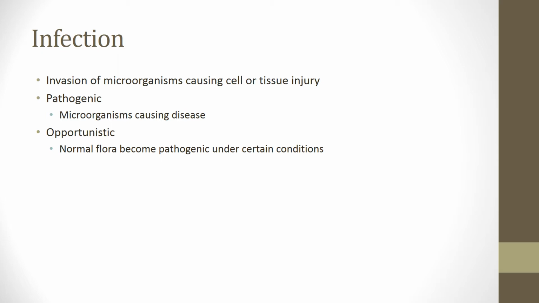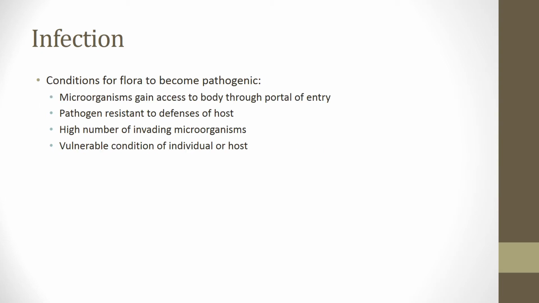So resistance is an important factor here: the resistance of the pathogen to the barriers, to physical barriers and immune barriers, and also the number of pathogens invading the area. Again, for the normal flora to become pathogenic, what has to happen?